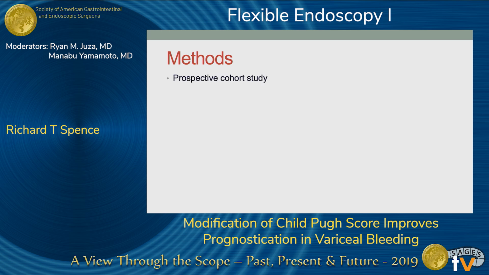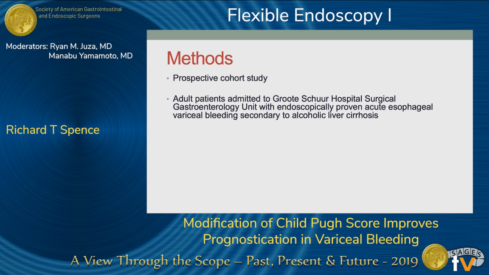So how did we test our new recalibrated score? It was a prospective cohort study. All the patients admitted to Groote Schuur and managed endoscopically for proven esophageal variceal bleeding, and secondly, specifically with alcoholic liver cirrhosis. We made sure of the homogeneity of our cohort, excluding any patients whose bleeding wasn't secondary to alcoholic cirrhosis.